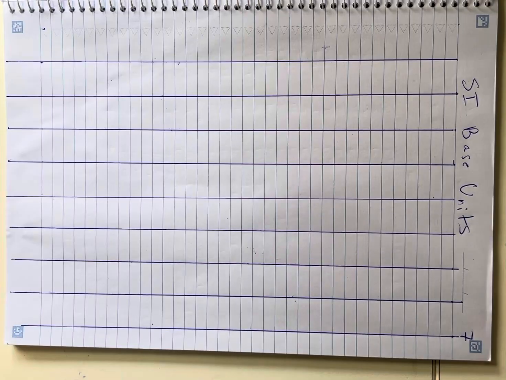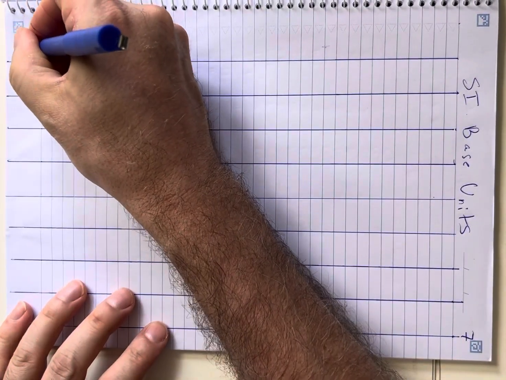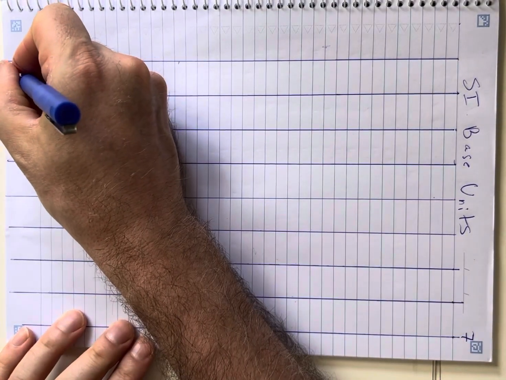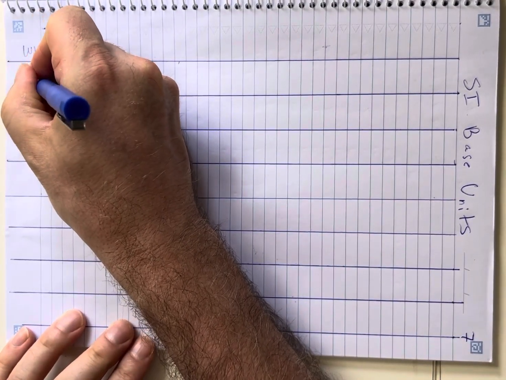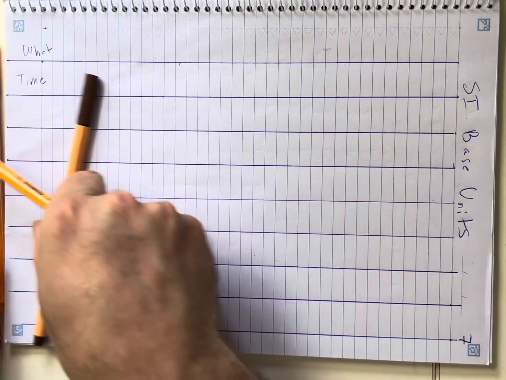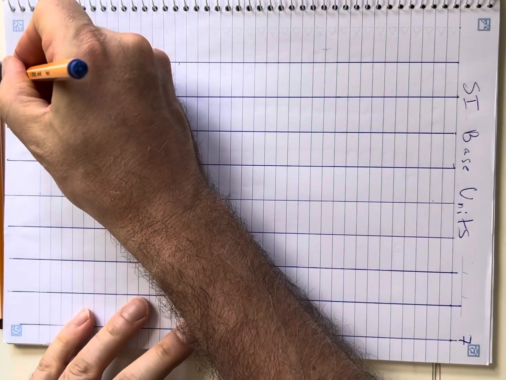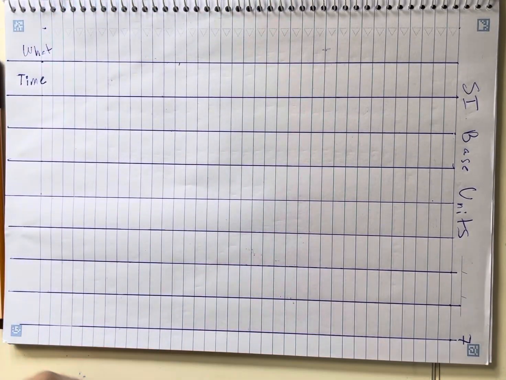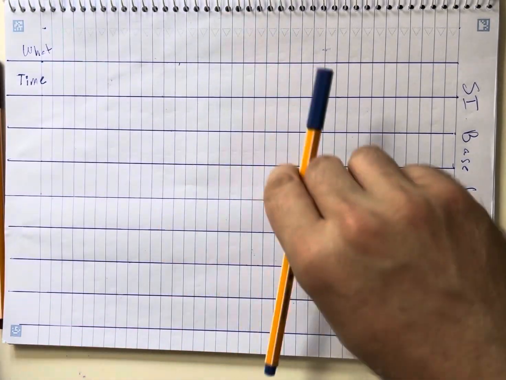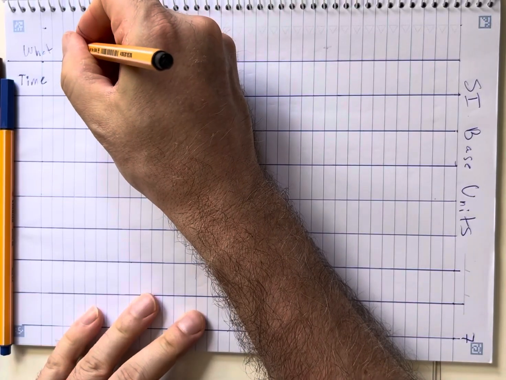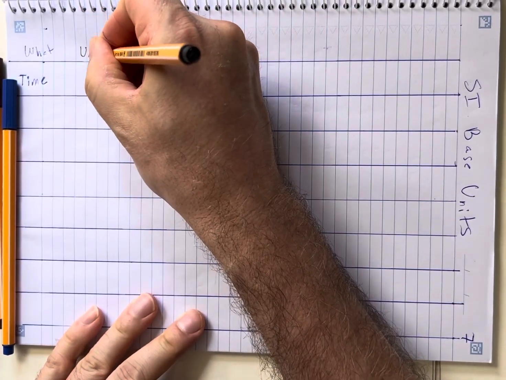So let's see. What are our units? So let's talk about time. And we were going to use colors. That's no good. Okay, well, I guess time is now blue. Time. And let's actually use black here. Unit name.